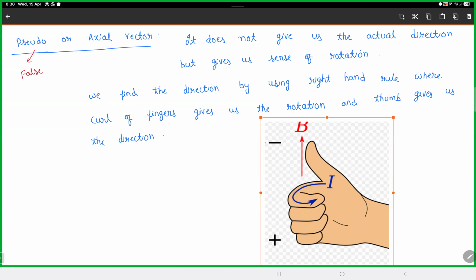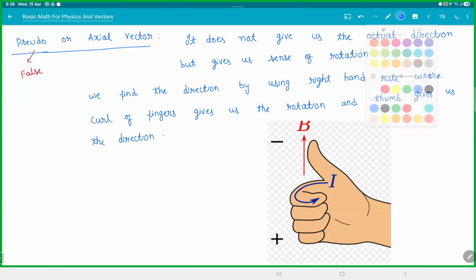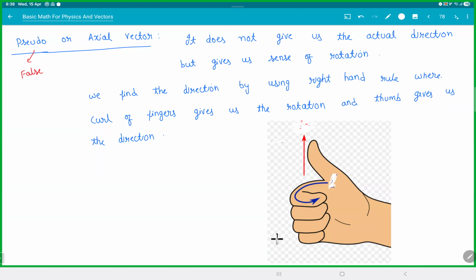So this is what I was saying. You're going to use this in magnetism and everywhere. So this curl of the fingers will give you the rotation. So you have to curl your fingers in the direction of the rotation of the body, and the thumb gives you the direction. So let me show an example. So let's say a particle is going in a circle.